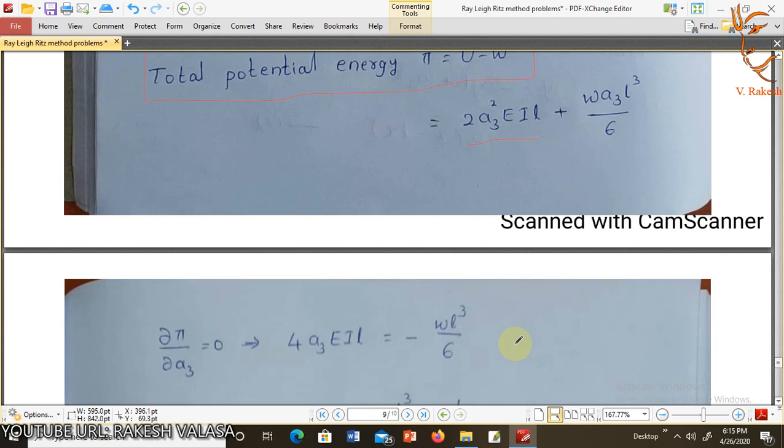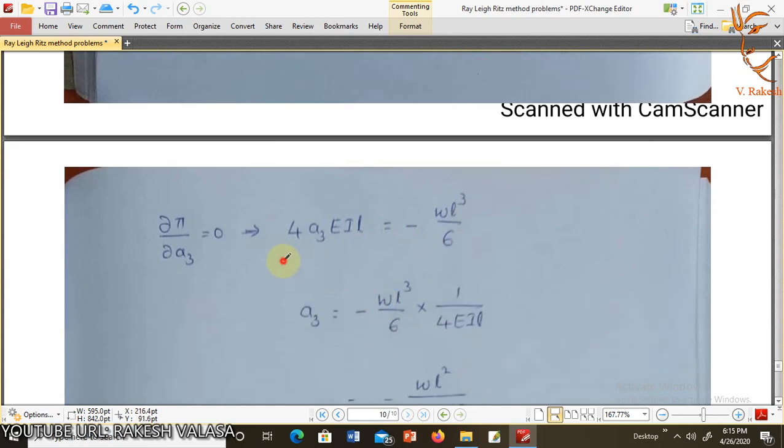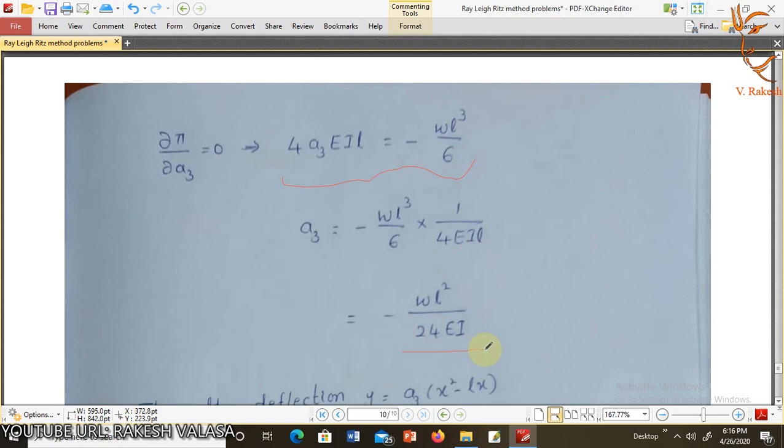For getting the minimum value, differentiate this term, that is dou pi by dou a3 equals 0. 2a3 square derivative gives 4a3 EIL, plus a3 derivative 1, that is WL cube by 6. From this, a3 equals minus WL cube by 6 into 1 by 4EIL. From this we get minus WL square by 24EI.